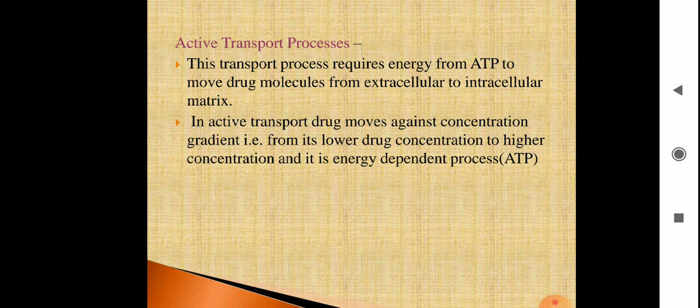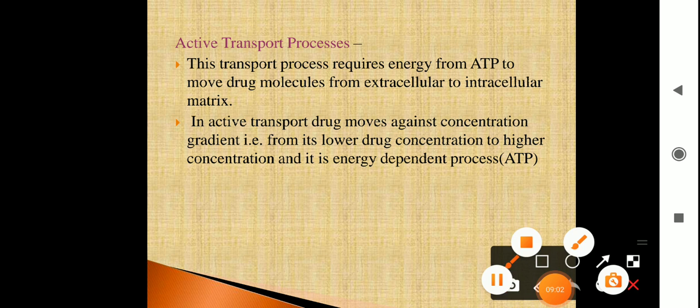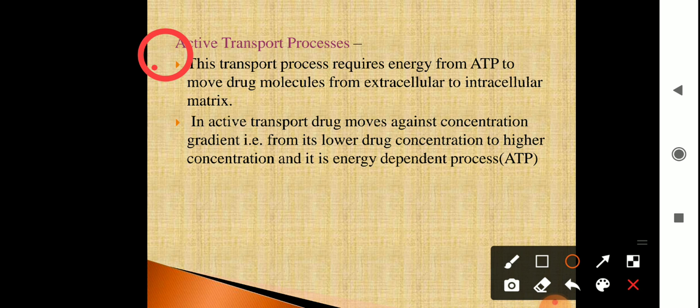Okay, so next, active transport process. This transport process requires energy from ATP to move the drug molecules from the extracellular to the intracellular matrix.